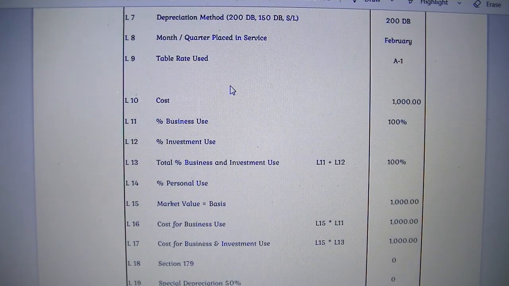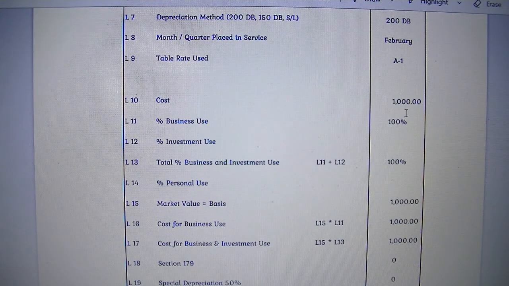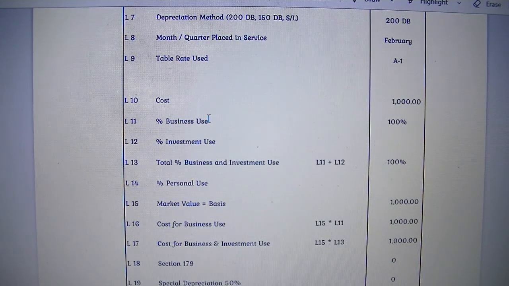Let's take an example of a laptop. Assuming you purchase a laptop for $1,000 in 2020 and started to use it right away in your business. A laptop is a listed property if you use it for personal and business, but if you use it 100% for business, then it's not a listed property, if you keep it in your business office.